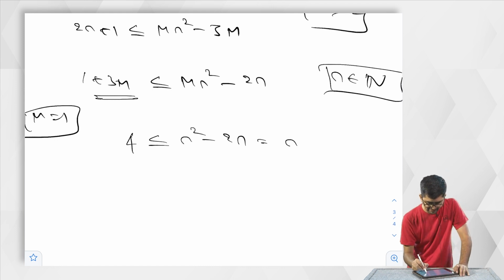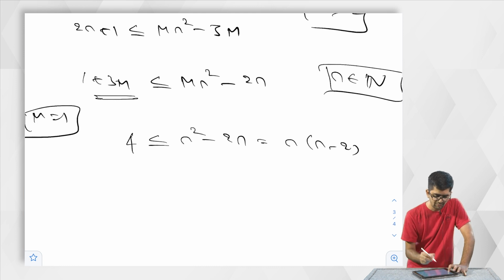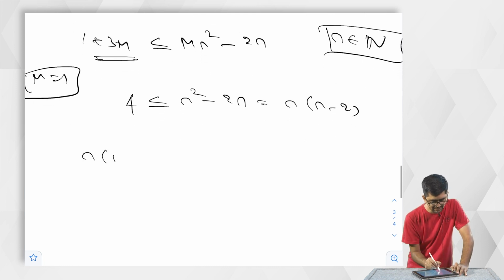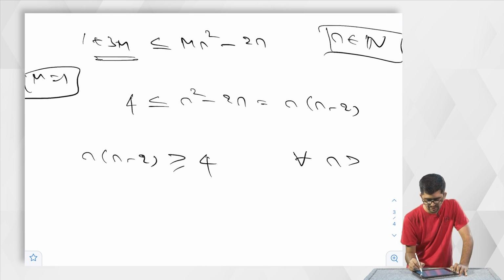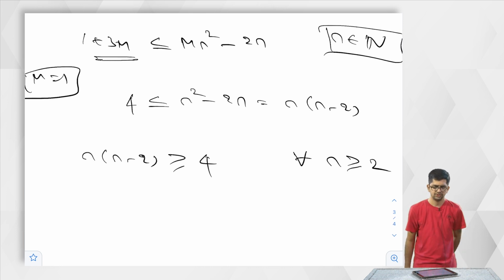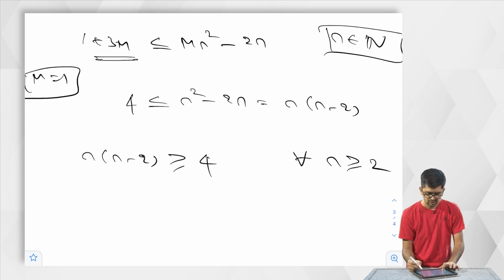So this is the same as saying n times n minus 2 is greater than or equal to 4. So now we are seeing if n times n minus 2 is greater than or equal to 4 for every n greater than or equal to 2. So is it true? How do we know that?